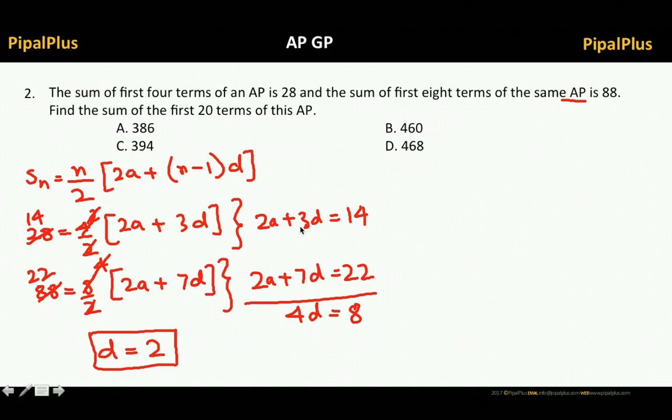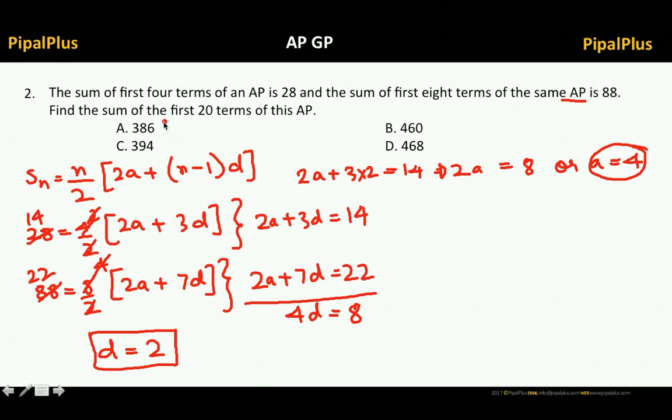From this equation, when we put the value of d as 2, we get 2a plus 3 times 2 equals 14. This implies 2a equals 14 minus 6, 8, or a equals 4, right? So we found our second unknown also.